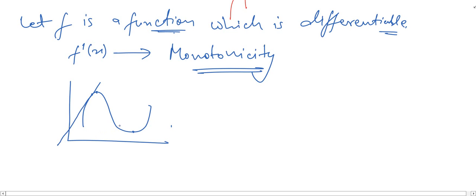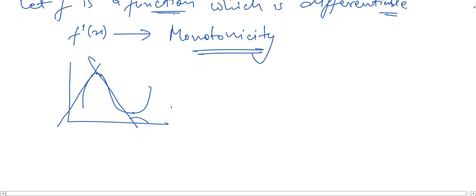So if f dash x is positive, that means the graph is increasing in that interval. And at this point the tangent goes something like this, it becomes an obtuse angle, and the tangent of that would be negative. So if f dash x is negative, then the graph is decreasing in that interval.